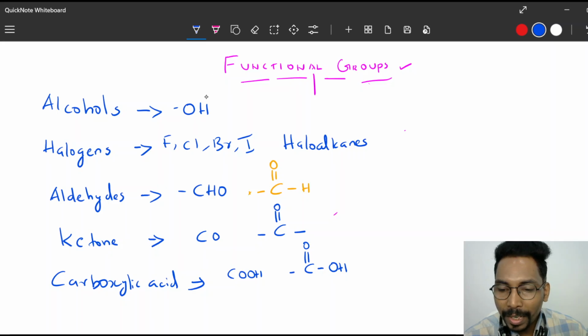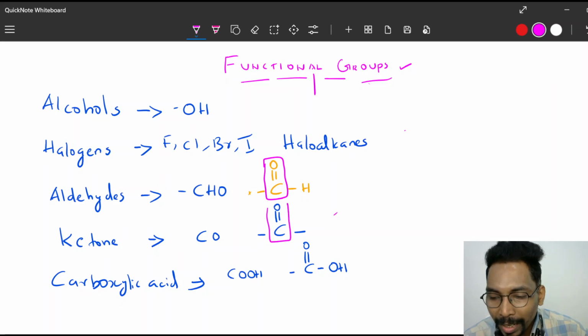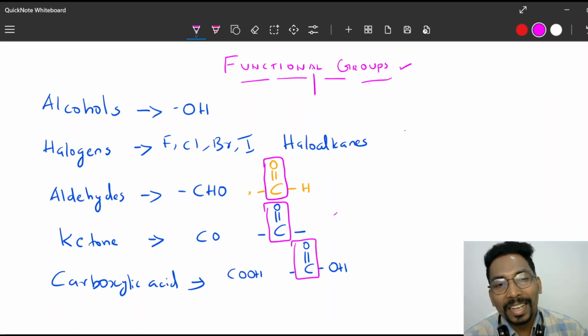C double bond OH. I will make this clear. You can see C double bond O is coming in aldehydes, in ketones, and in carboxylic acids. So you should be very careful while attending questions on this topic later, because you may get confused.